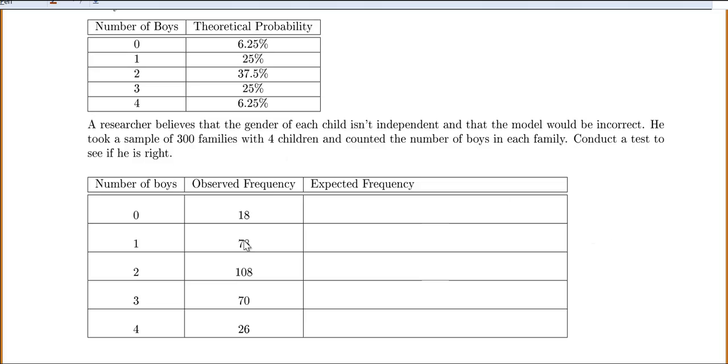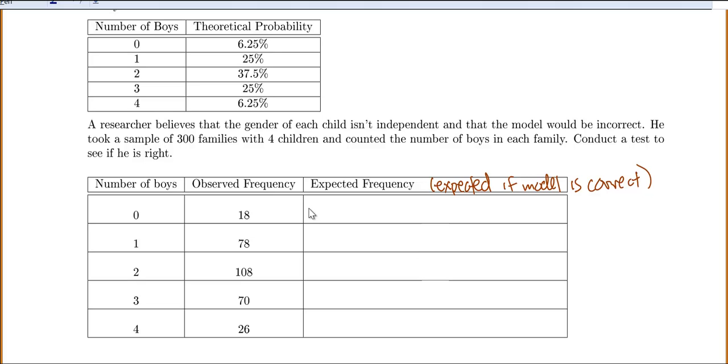Now let's find our expected counts. These are the expected counts, expected if the model is correct. So how can we find these expected counts? What we have to do is change these percentages. We say, okay, if I expected 6.25% of the families to have 0 boys, how many families would that be?